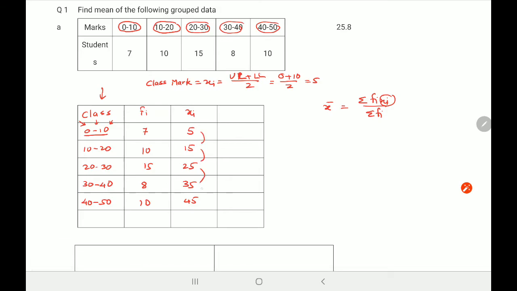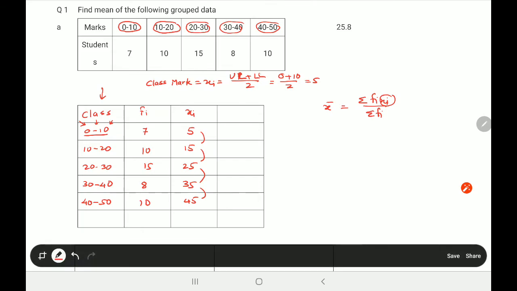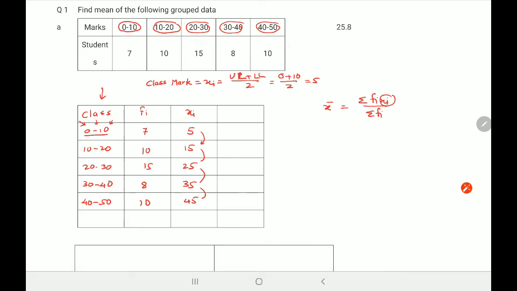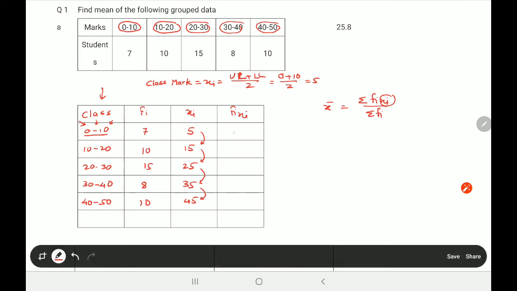You might have observed that there is a gap of 10 in consecutive class marks. Okay, just remember, it is just a fact I told you. I'll explain the significance of it later on. I need fi xi, as we see. Let us go for it.